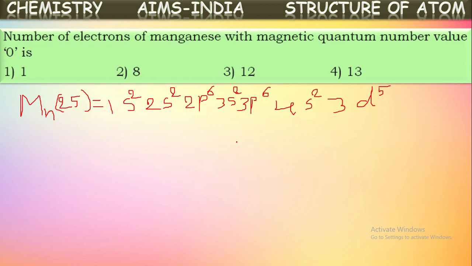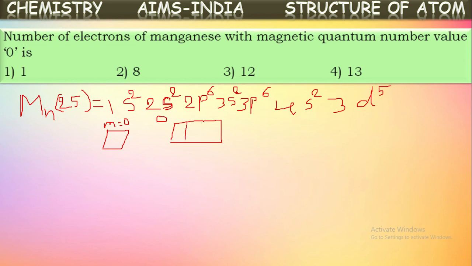Now for the 1s orbital, what will be the m value? Because the L value itself is 0 for this, the m value will be 0 for this also. There are 2 electrons in this, and for an S subshell generally the m value will be 0 only, because in that only one orbital will be existing. So for this also 0. And in the 2p subshell, there are totally 3 orbitals.